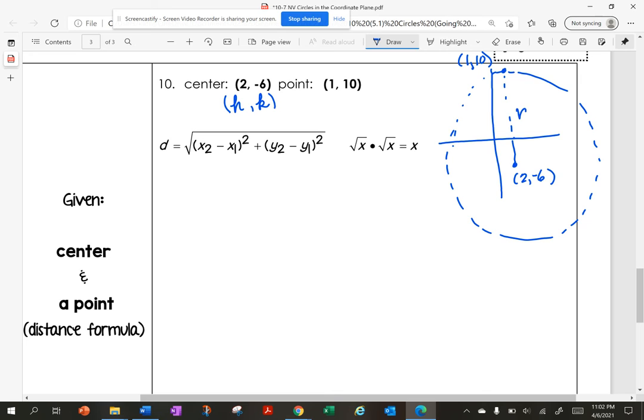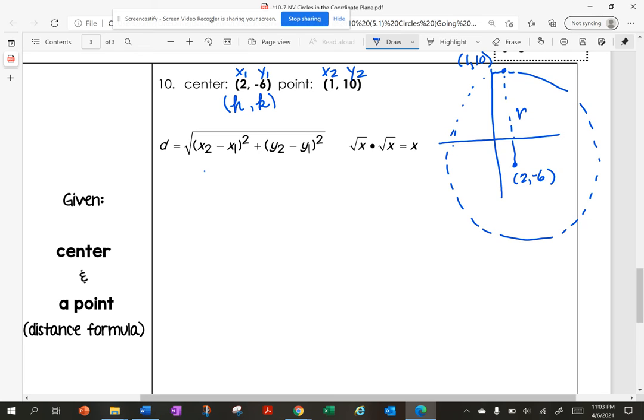So I know what h and k are, 2 and -6. So I'm going to use the distance formula between these 2 points to find the radius. So I'm going to say this is x1, y1, and x2, y2. So I'm going to just substitute into the distance formula now.